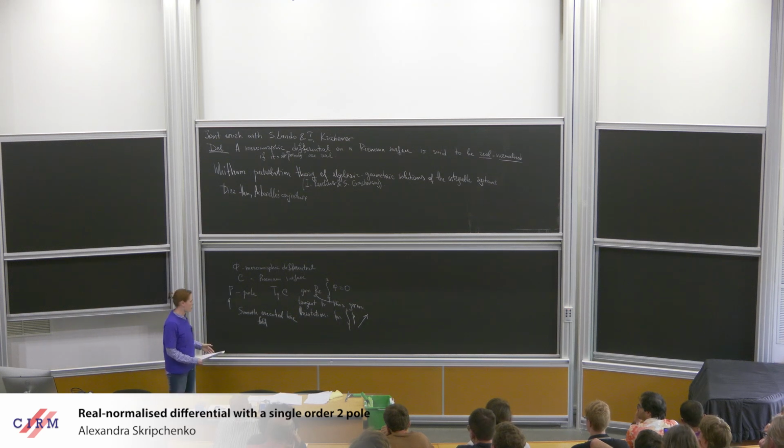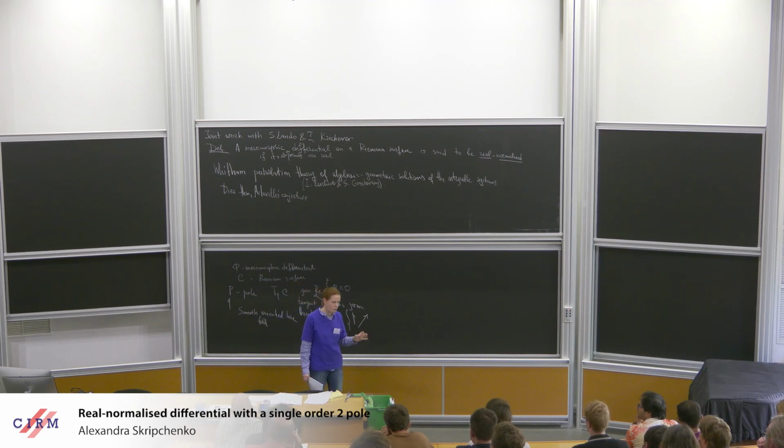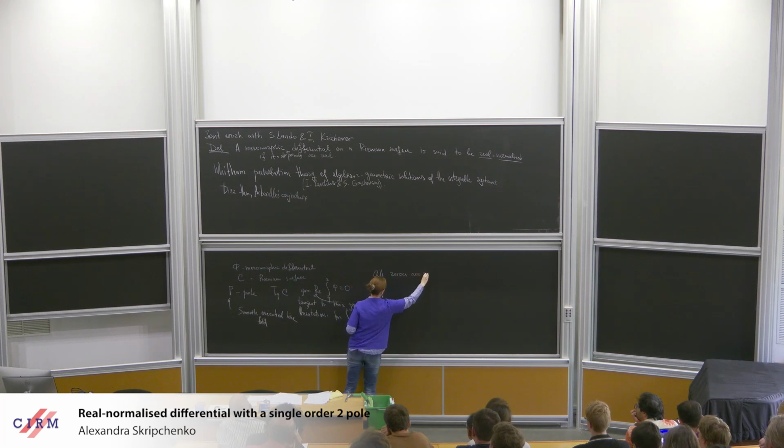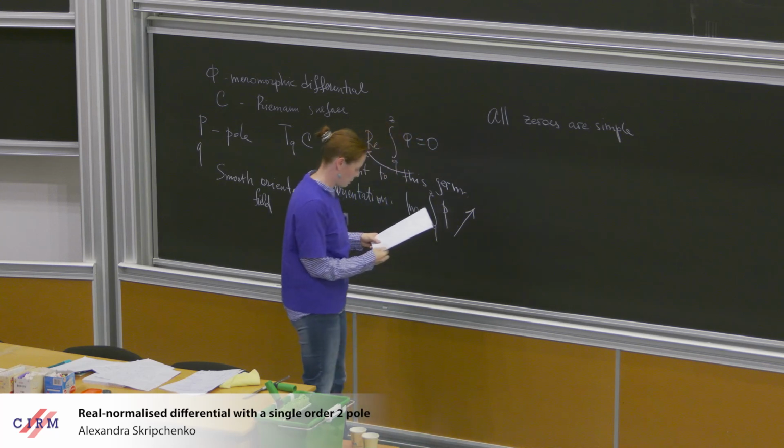And at the current moment, let me be like my colleagues in the holomorphic case and stick to the situation when we have the principal stratum. So all my zeros are supposed to be simple. It will be somehow important for me.